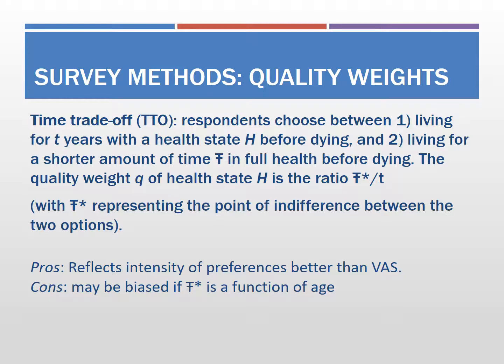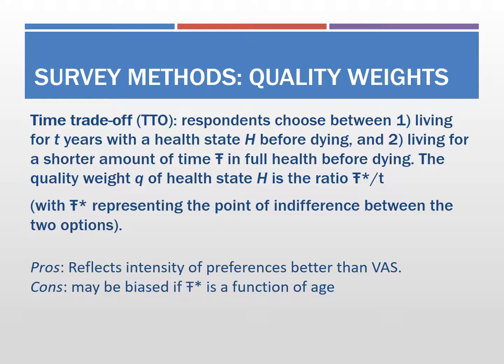The pro of this, again, is that it reflects the intensity of the preference, but the con in this case is the bias: the time that a person chooses to live shorter with full health is a function of age. So when people are living at an older age, they usually tend to choose a shorter amount of time to live because they know that ultimately they will have to die.